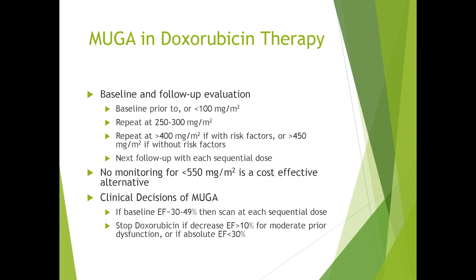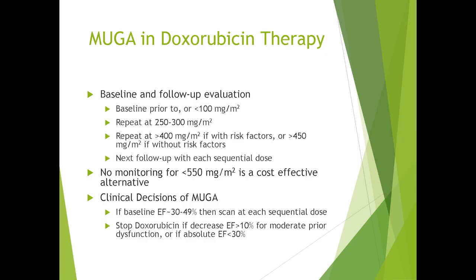I won't necessarily get into the numbers, but suffice it to say you do a baseline, and then you may do a follow-up at certain levels of chemotherapy once they're given, and once you cross a certain dosage level, if everything remains the same, you may do more close follow-up, or there's an alternative to do less monitoring in a more cost-effective fashion.